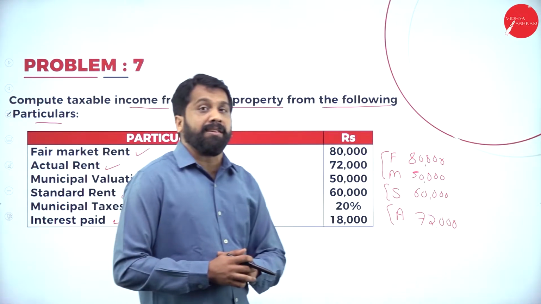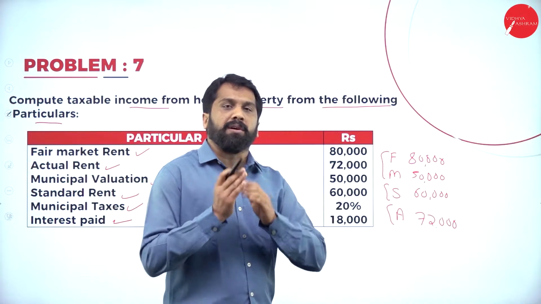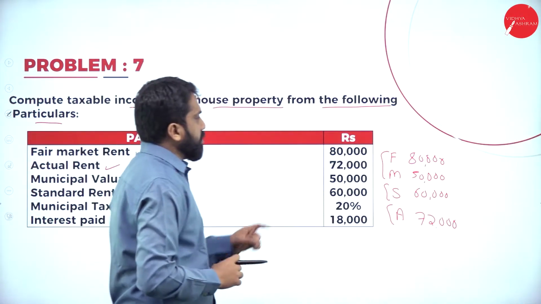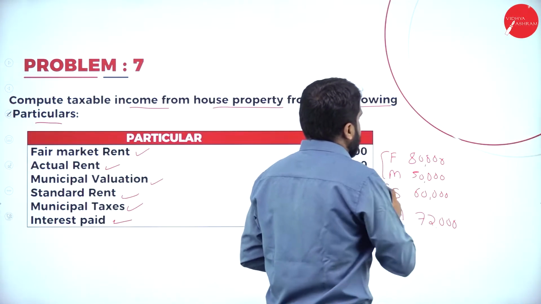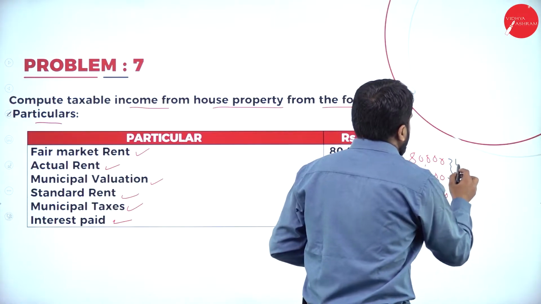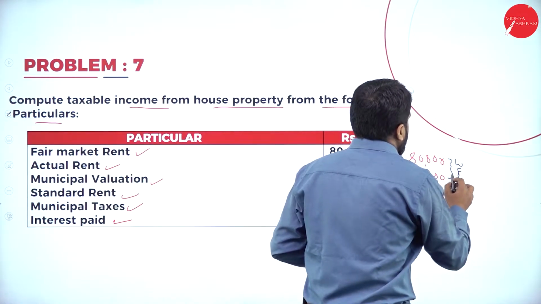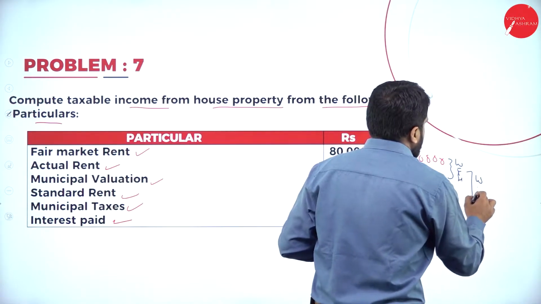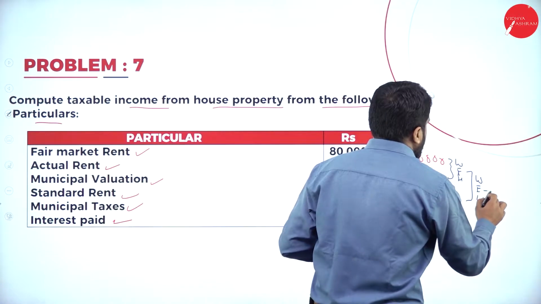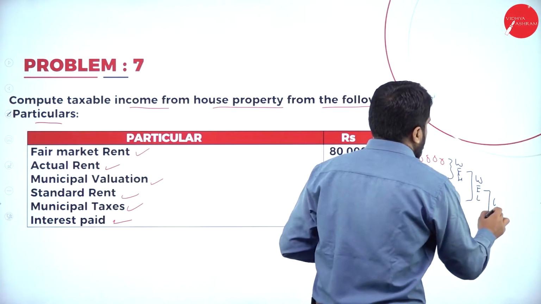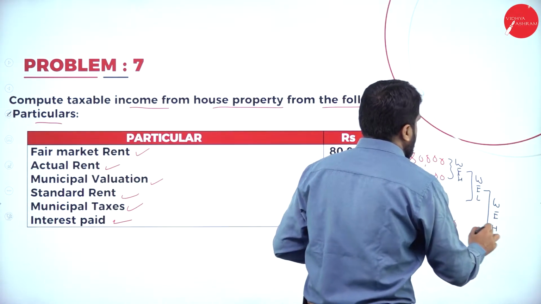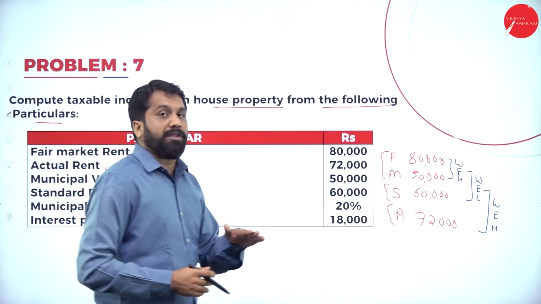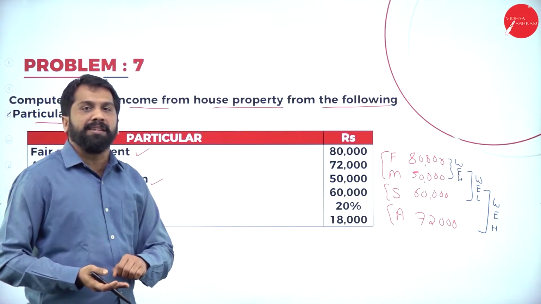So what is the calculation? We'll go back to our logic: fair market or municipal value, whichever is higher, your answer and your standard, whichever is low, again your answer and your actual, whichever is high.